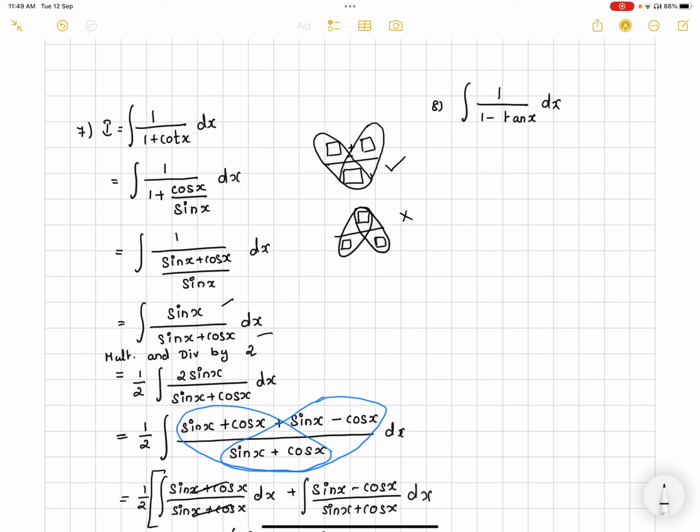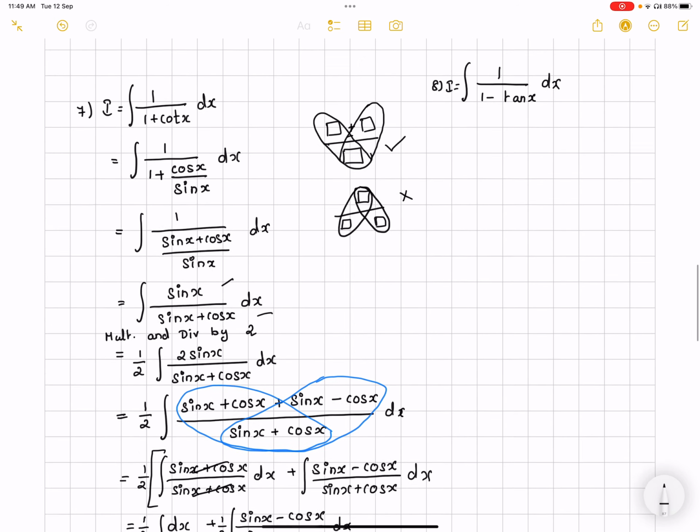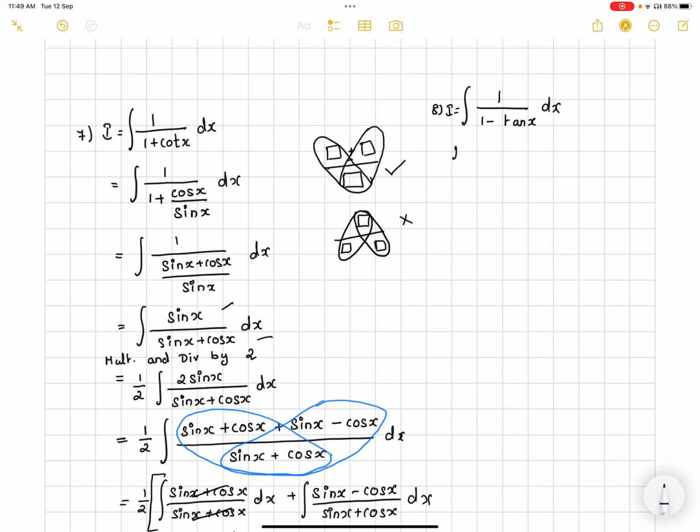It's also similar type of this one, what we did now. So we would be doing in the same way. So let's have a check there. Even there, one part would be substitution and one part would be without substitution. So now we have, considering this as I is equal to integral 1 by 1 minus tan x by tan x dx. So how we would be doing here is, let 1 minus tan x is there, right?